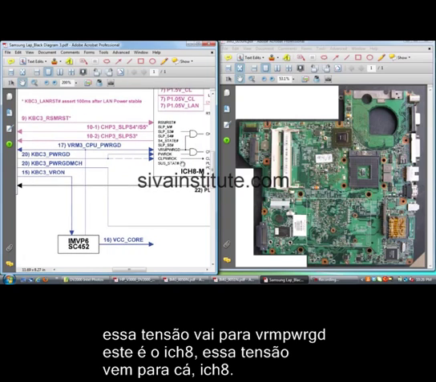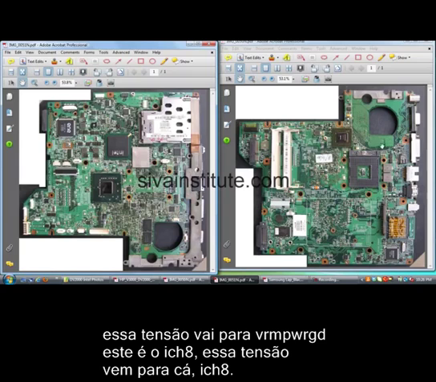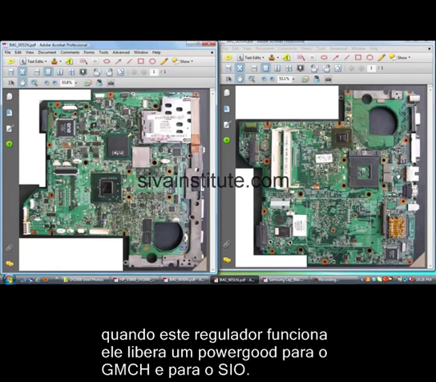This is ICH, VRM power good. This voltage goes to this IC, ICH. When this regulator is okay, this regulator IC releases VRM power good voltage to this ICH and IO controller.